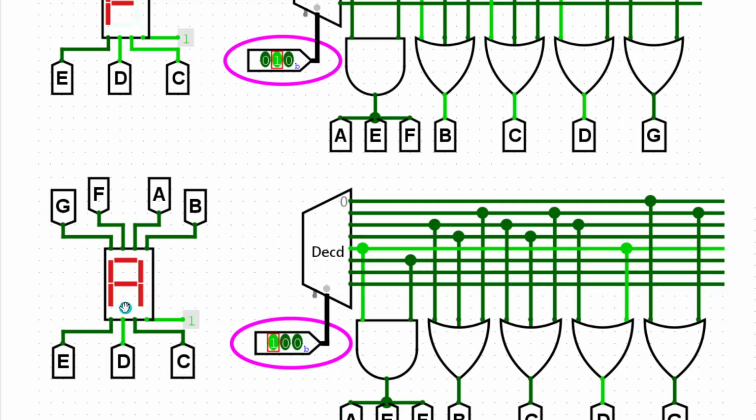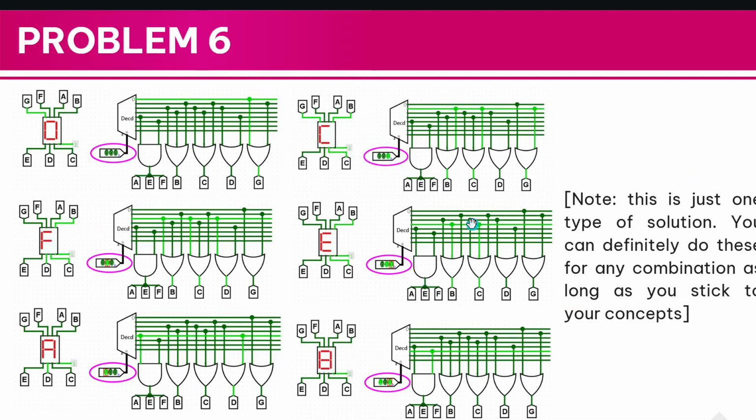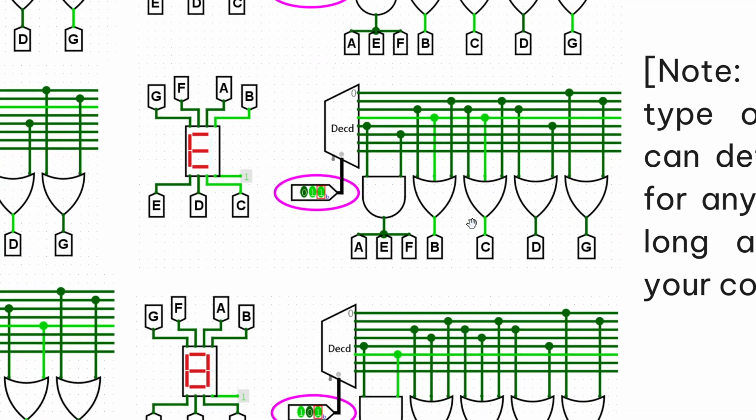We want D to be the only one that's enabled, which is why it's still connected to an OR gate, but as you can see here, A is actually connected to an AND gate, and that's why A, E, and F are not enabled here, and only D. And that's the same for all.